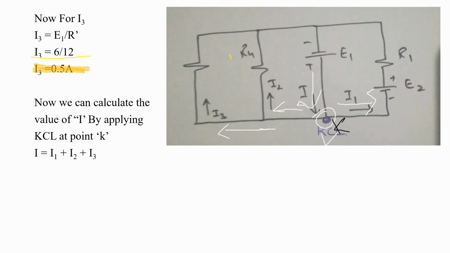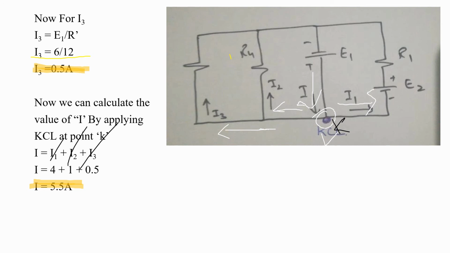We have all the values of I1, I2 and I3. Substituting the values, 4 ampere is the value of I1, 1 ampere is the value of I2 and 0.5 ampere is the value of I3. When we add all these three values, we get I is equal to 5.5 amperes, which is our required result.